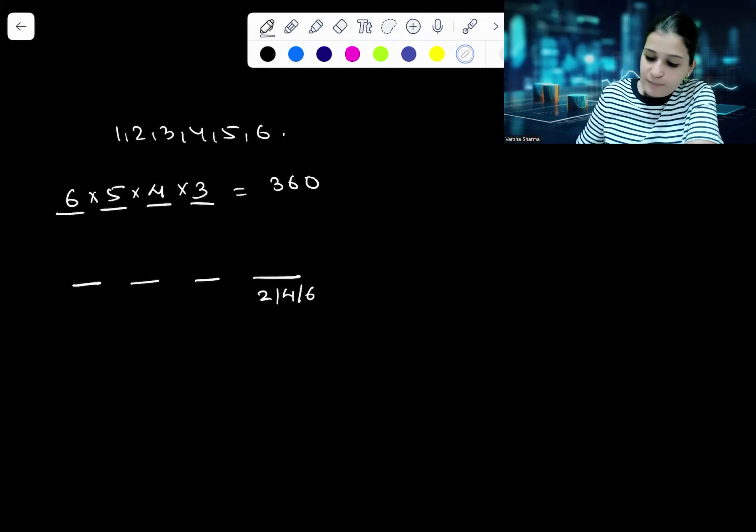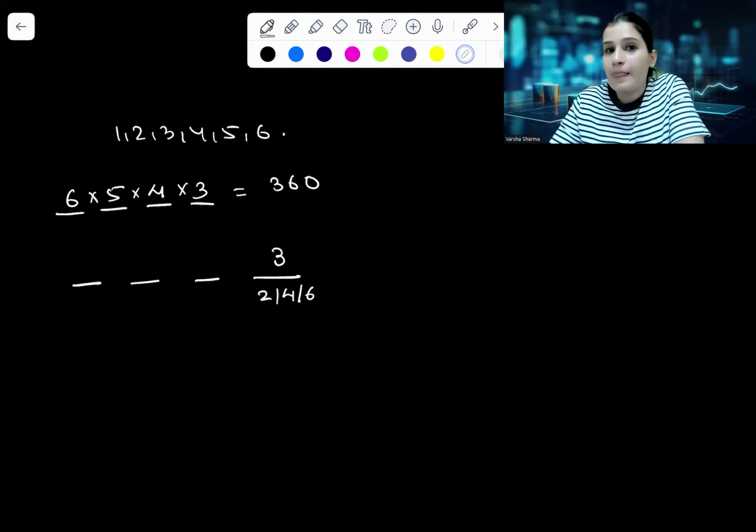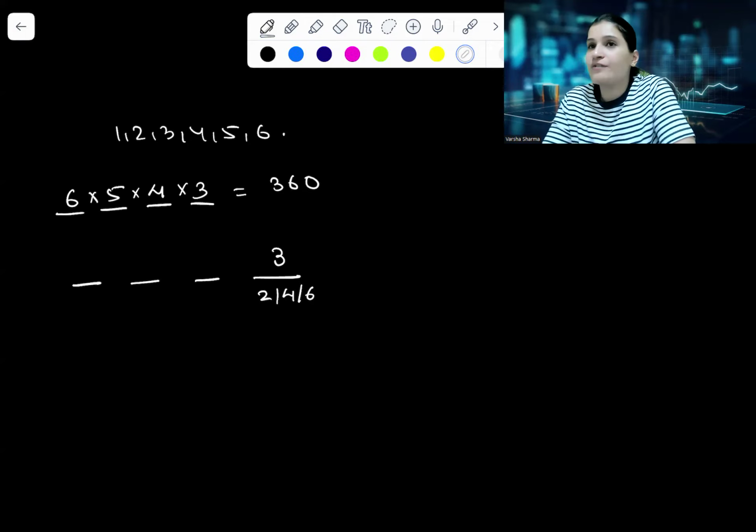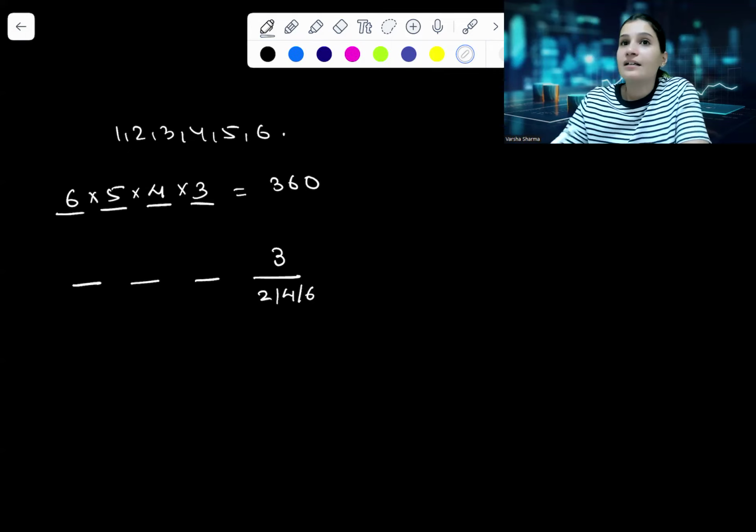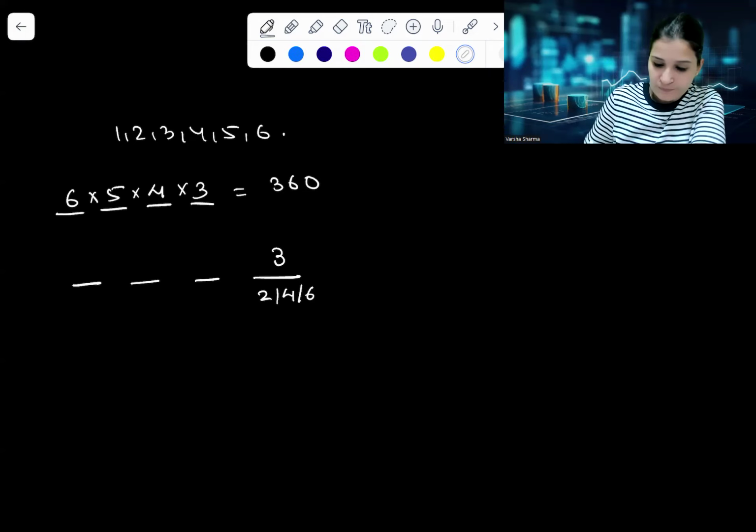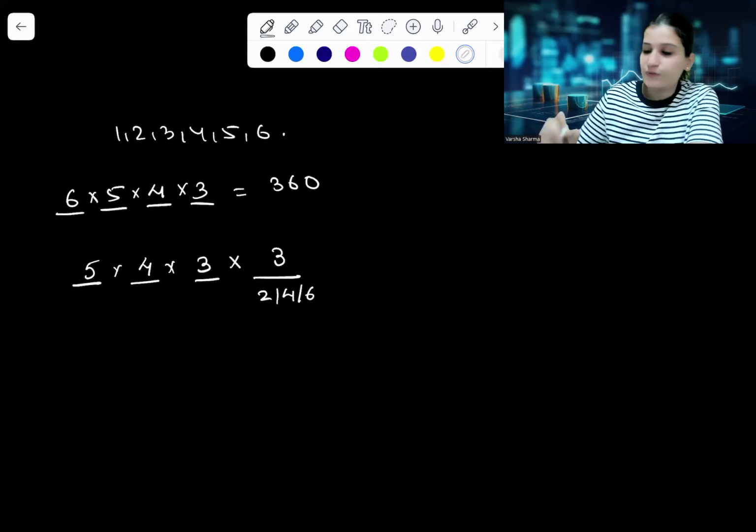So the last place can be filled in 3 ways. Out of a total 6, one of them will sit in the last position, either 2 or 4 or 6. So I have the remaining 5 digits. So the first place can be filled in 5 ways, next 4 ways, and then 3 ways. 5 into 4 into 3 into 3.